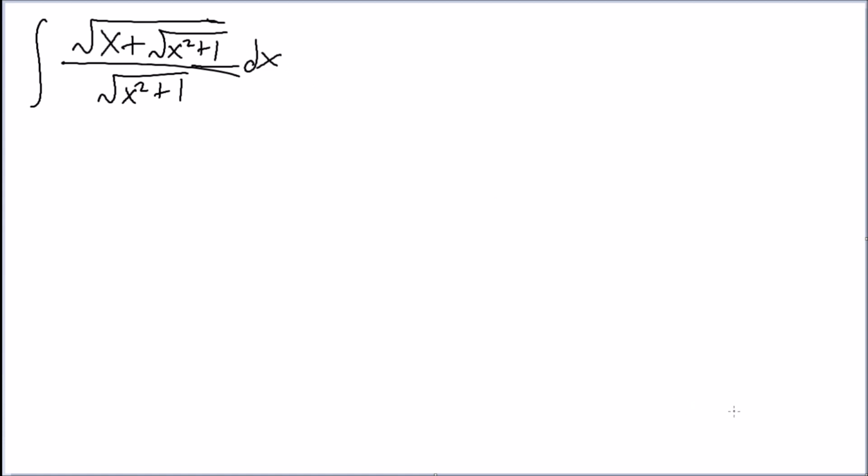All right. So this is full of radicals. I see that x plus square root of x squared plus 1. You know exactly what I'm going to do. We're going to do hyperbolic trig-sub. Let x equal sinh theta. And this will immediately give us the square root. Oh wow, would you look at that. If we plug in sinh theta here, we get cosh theta. And then our d theta has cosh theta as well.